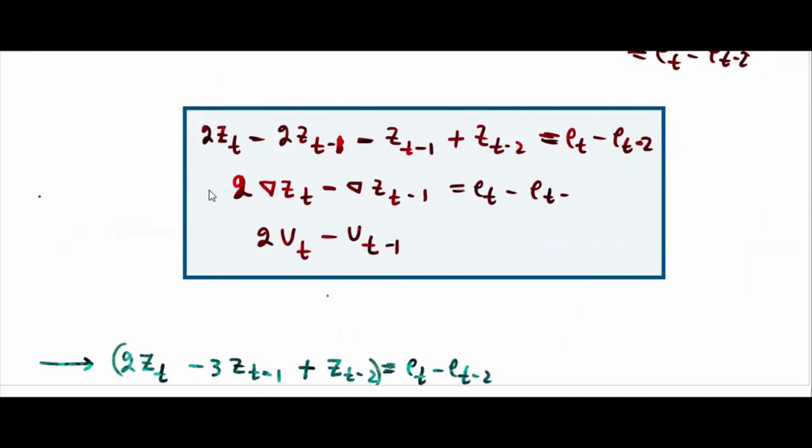If you check this polynomial, okay, and this one here, there is a common, okay. If I write this is (1 minus B) ε_{t-2}, this is B² ε_{t-2}. So there is a common 1 minus B here. You need to cancel this one before going to the next stage, okay.